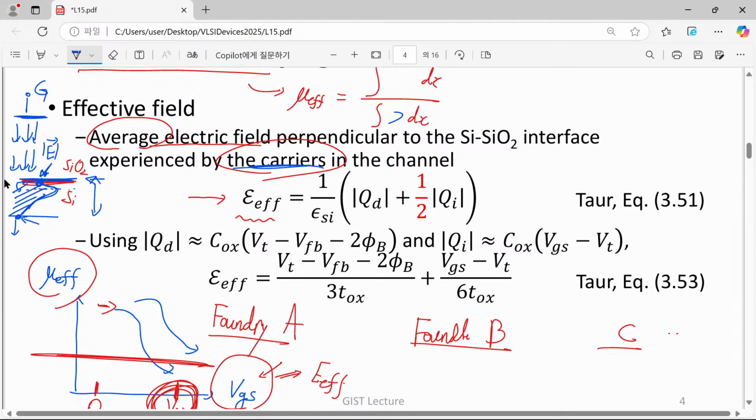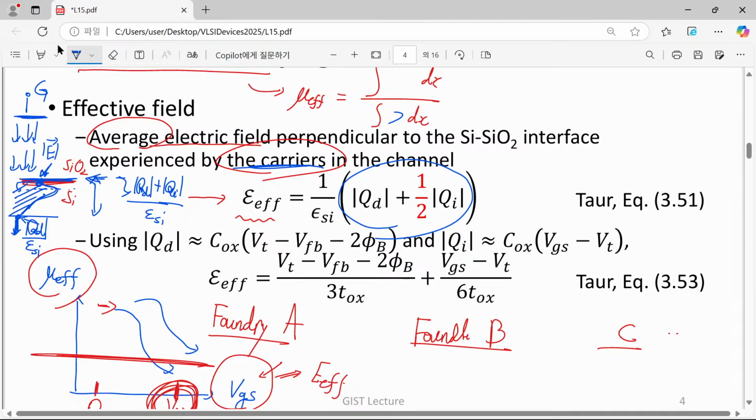So what they do is like this. Simply speaking, the electric field at this position can be expressed as QD divided by epsilon silicon. And at the interface, it can be written as QD plus QI divided by epsilon silicon.